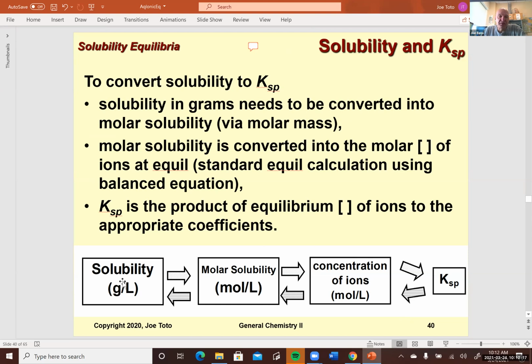So you can convert from the solubility in these units to these units, and then there's the relationship between the solubility and Ksp, just like you related the pH to the Ka, or the percent ionization to the Ka. Now you're going to relate the solubility of an insoluble solid to the Ksp. So how is it related?